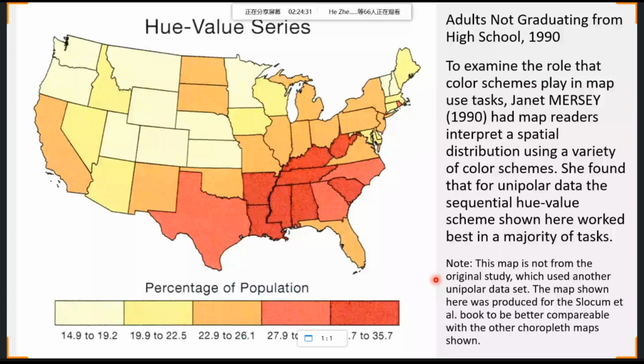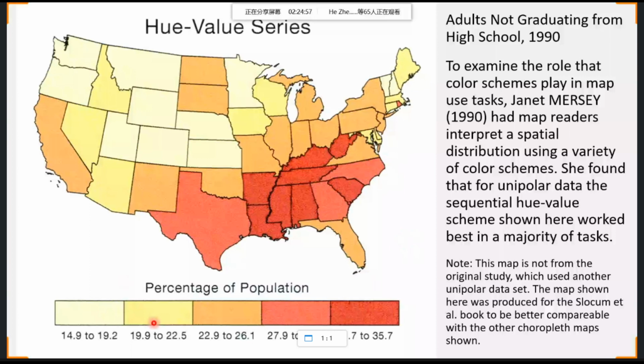The map shown here was produced for the book that I use here. They used different data to make it better comparable with other choropleth maps shown. So they used here the same data and the same area, the United States, to make this map better comparable to the others. But it is this kind of scheme.